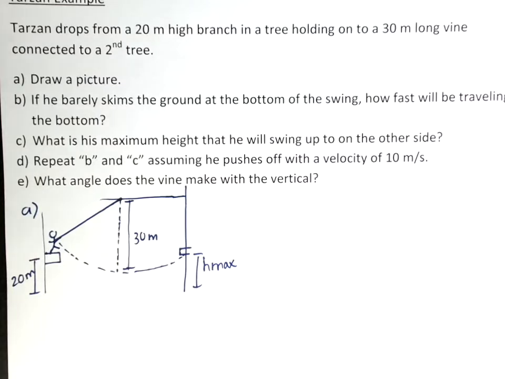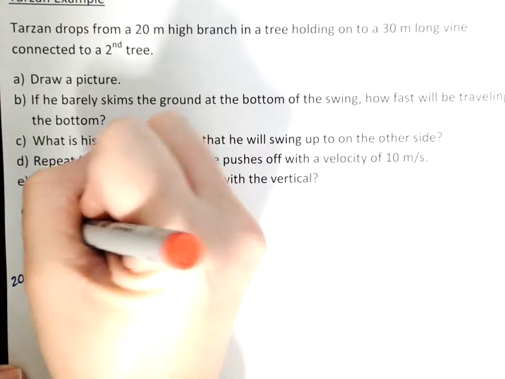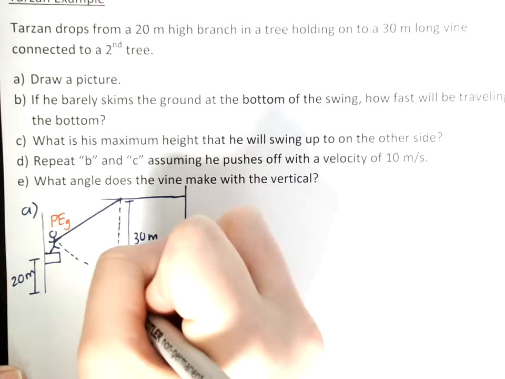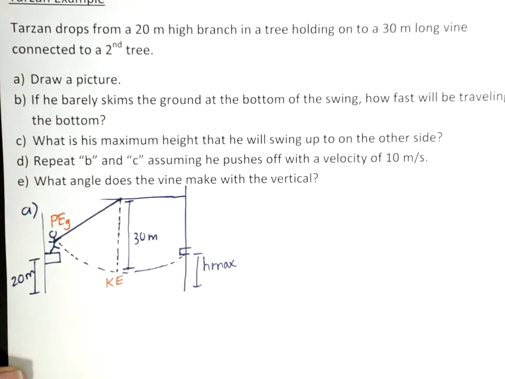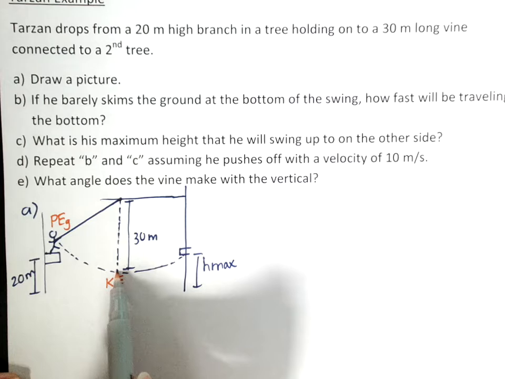Okay, so now let's just talk a little bit about this picture actually. What kind of energy does he have in certain spots? So he has total potential energy, gravitational, up here, and he has total kinetic energy down here. Okay, so we are asked if he barely skims the ground, so that'll be right here at the bottom of the swing, how fast will he be traveling at the bottom?